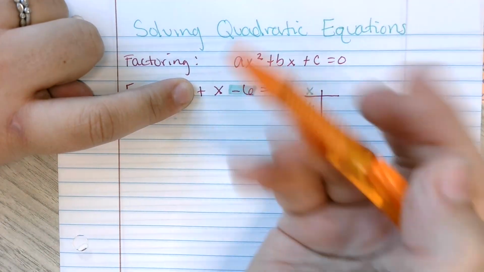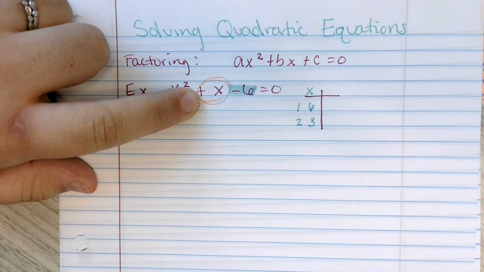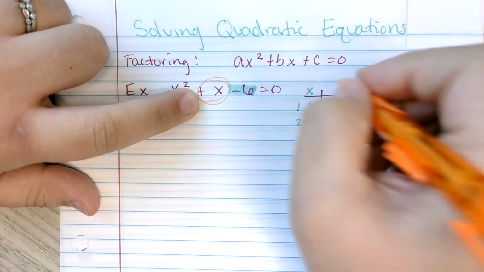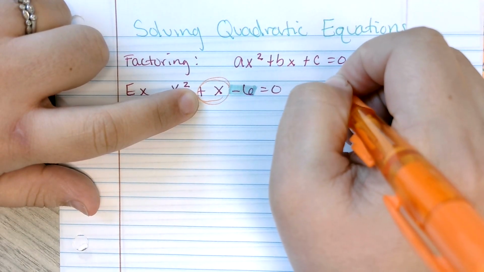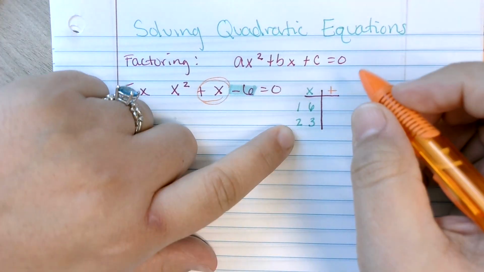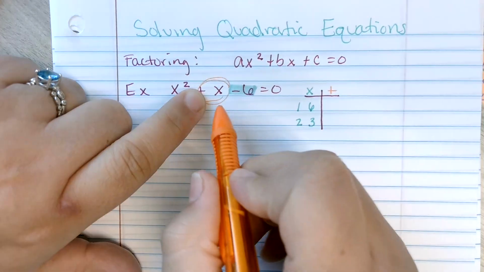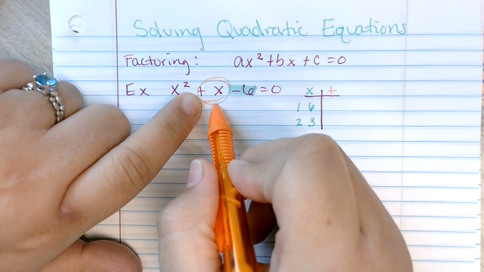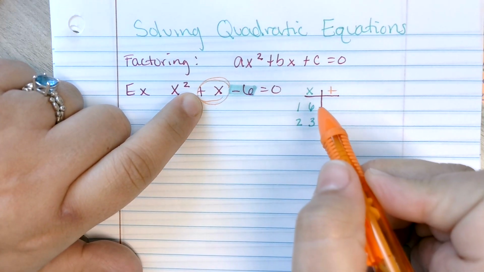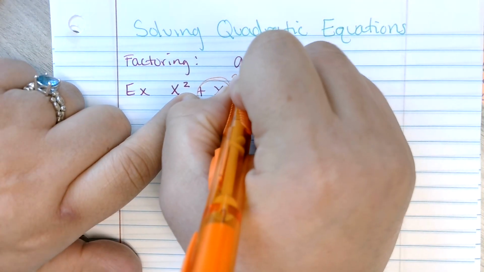So we're looking for two numbers that subtract to give us a positive 1. So I want to add or subtract right here in this spot to give us positive 1. Now, the middle number also tells us the sign of the larger factor.